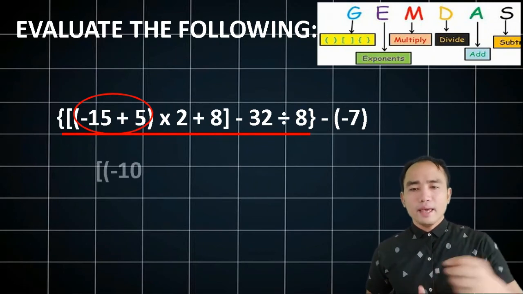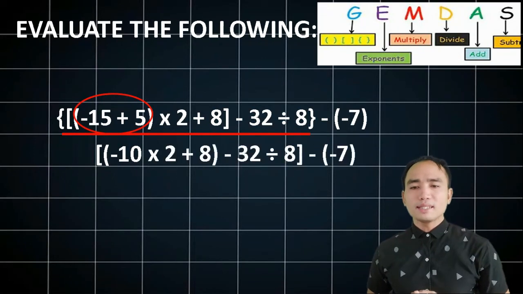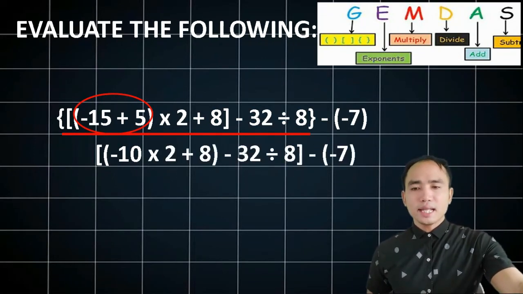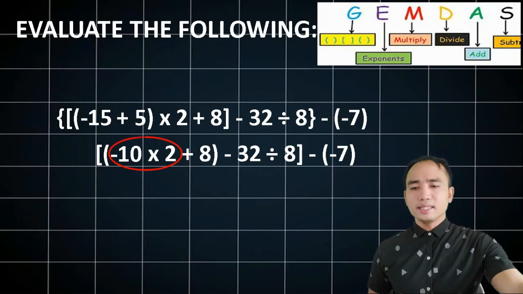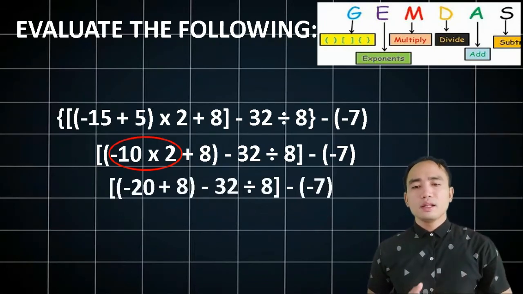That is negative 10, and then just copy times 2 plus 8 minus 32 divided by 8 minus negative 7. Next, negative 10 times 2 is negative 20. Plus 8 minus 32 divided by 8 minus negative 7.